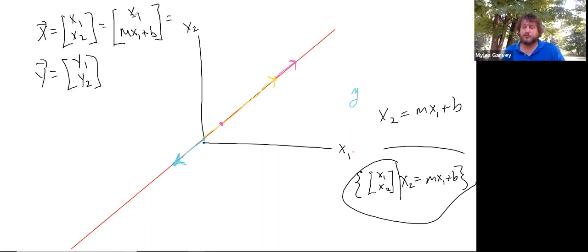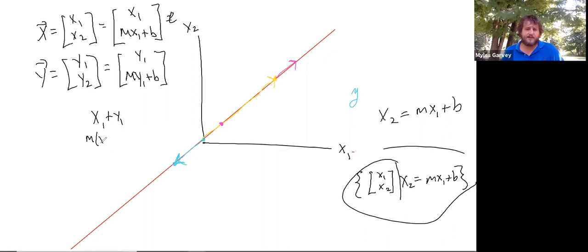The same deal here: y2 can be written as m times y1 plus b. So when I add them together, I get x1 plus y1 on top, and on the bottom, I get m times (x1 plus y1) plus 2b. The b's are added together.